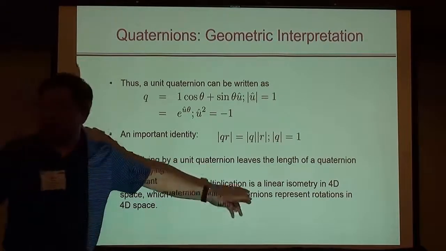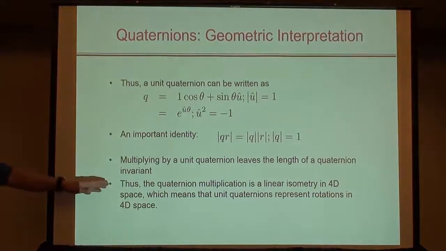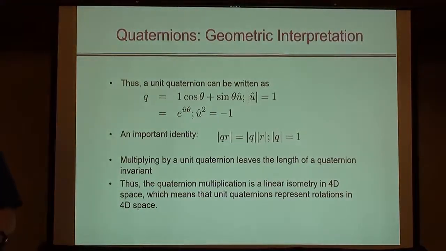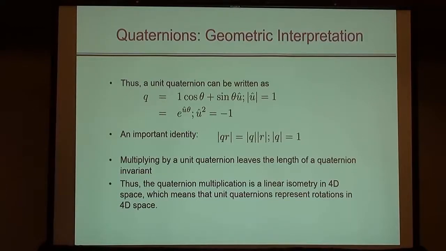What it means is that the length does not change. That's all it means. When you apply a unit quaternion to a vector, you multiply it, and it changes the original vector in such a way that the length doesn't change. However the vector changes, the length remains the same, and we call that a rotation. So now the question is, what type of rotation is it?